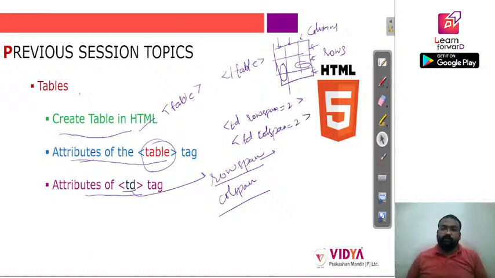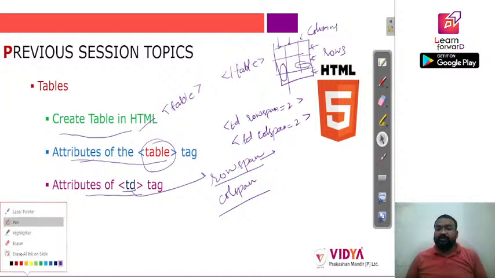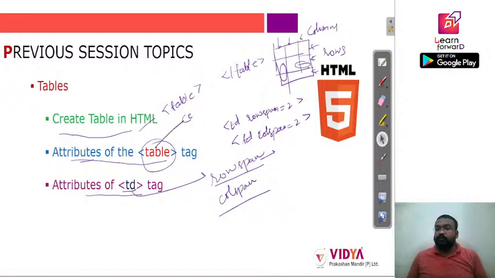So these were the two attributes of the td tag. Basically these attributes are used to merge the cells. On the part of this column it is important, while on the table there were two attributes, cell spacing and another one was cell padding.